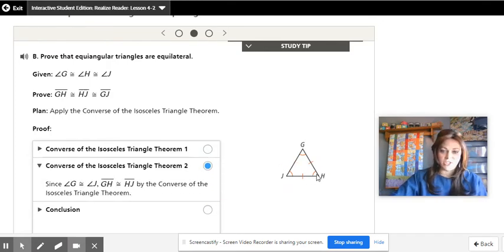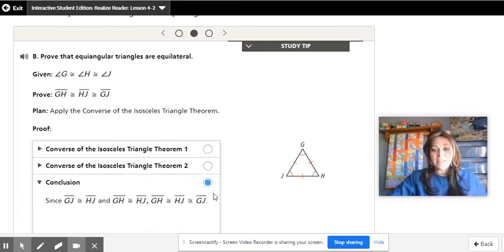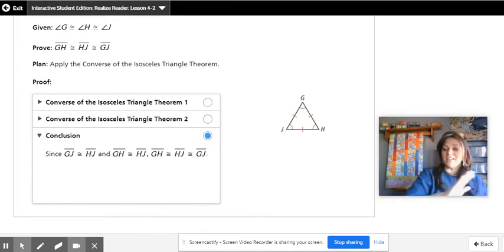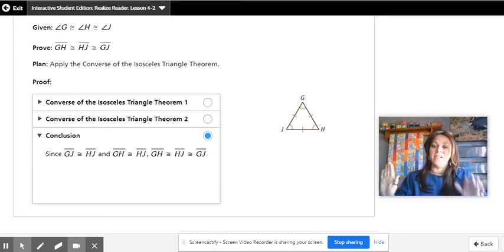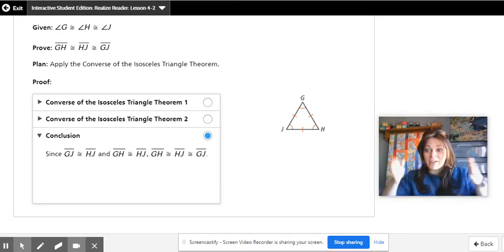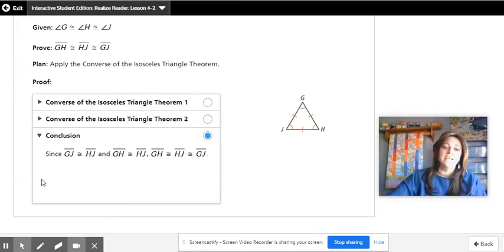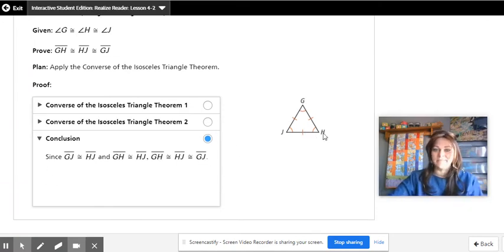If angles G and J are congruent, then GH and JH are congruent. And again, kind of by the transitive property, if they're all congruent to each other, then basically all the side lengths will be congruent.